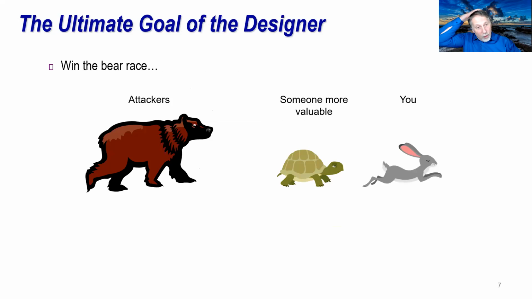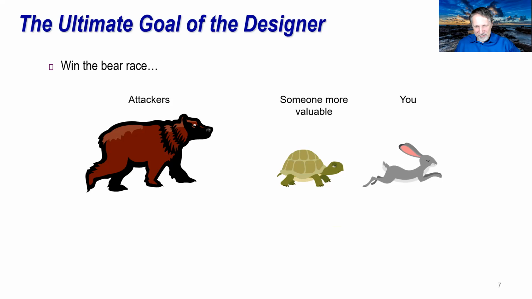As designers, our goal is really what I like to call to win the bear race. There is no goal of having a 100% secure system. 100% security is like 100% reliability. It just doesn't exist. But we want to achieve a security stance that makes us less attractive to attack than all the other systems out there that could be attacked.